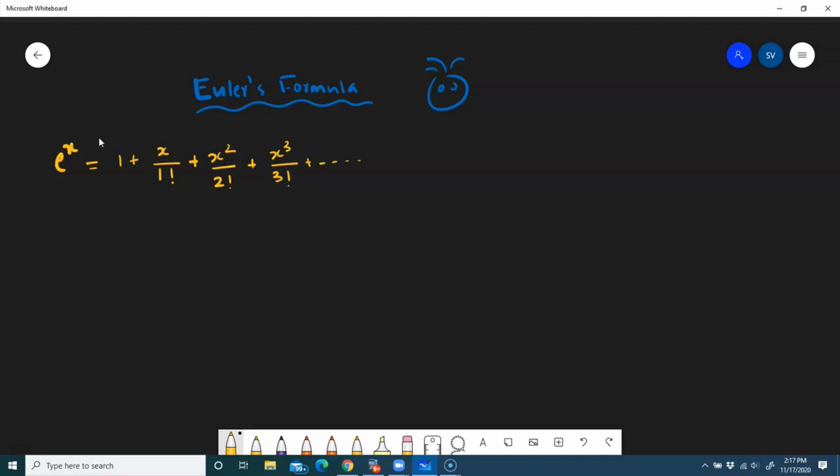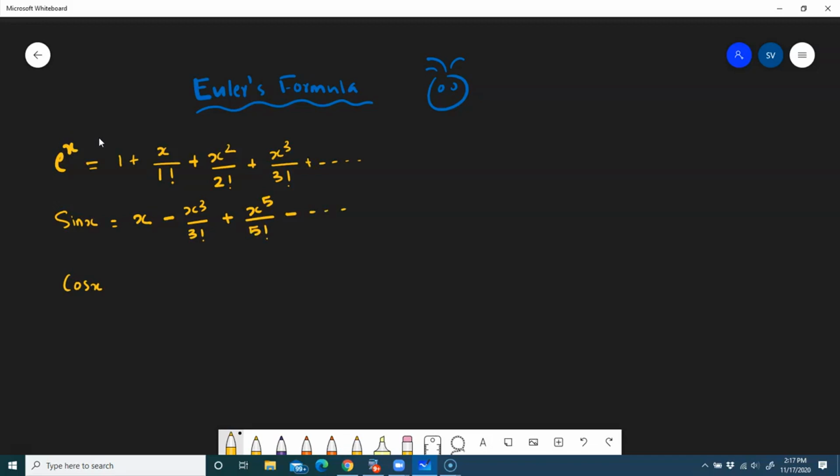Similarly, sin x and cos x have this kind of expression. Sin x can be expressed as x minus x cubed by 3 factorial plus x to the power 5 by 5 factorial minus, etc. That means the signs alternate.